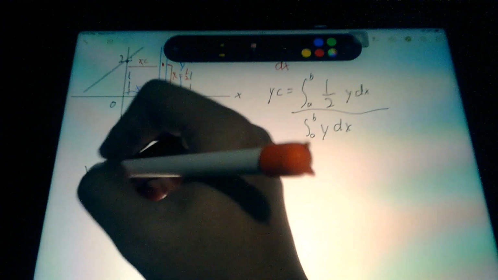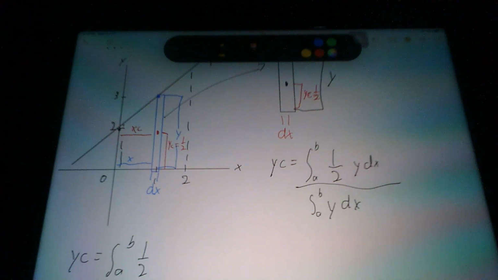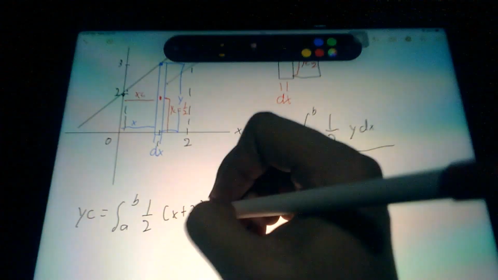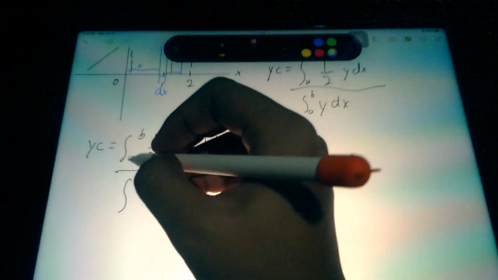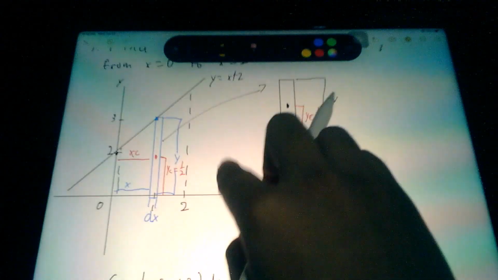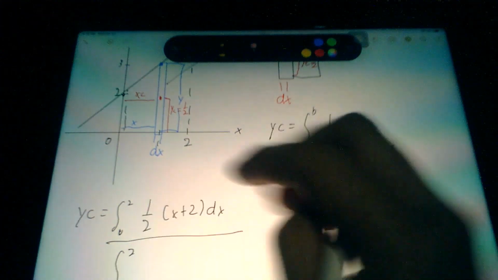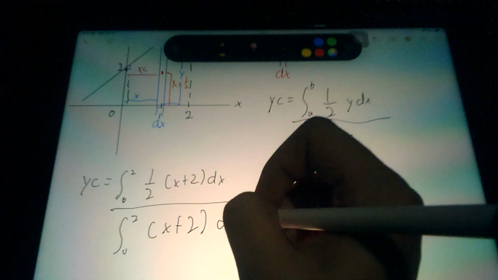So yc is equal to the integral of 1/2 y dx, where y here is x plus 2, dx, over the integral of y dx, with limits from 0 to 2. Y dx here is just x plus 2 dx.